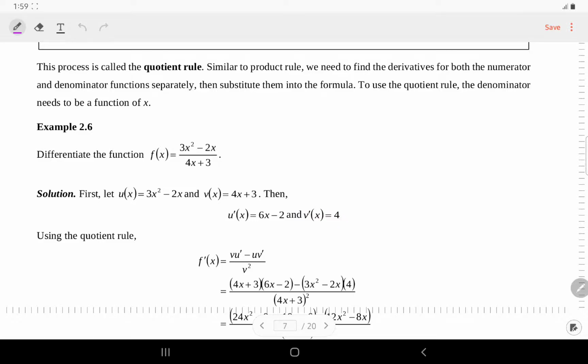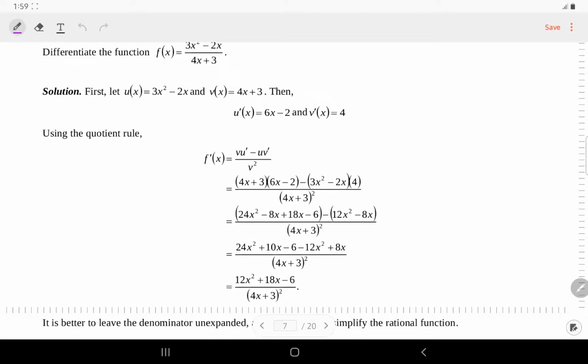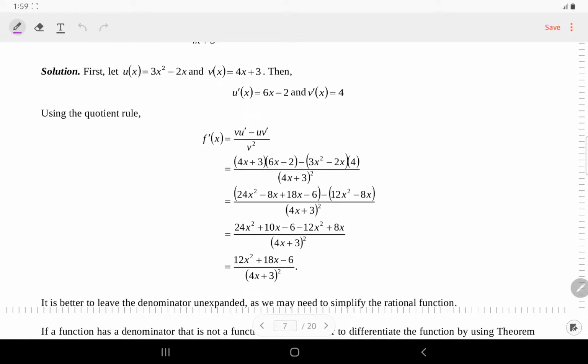Then just substitute into the quotient rule. Make sure you substitute it correctly. We need v times u prime, minus u times v prime, divided by v squared. The next step is to simplify all of this.